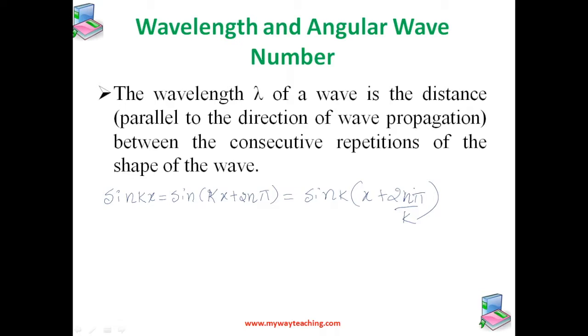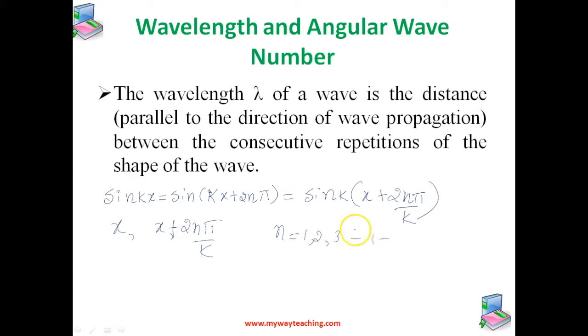That is, the displacement at points x and at x plus 2n pi by k are the same. The displacement at these 2 points are the same when n is equal to 1, 2, 3 and so on.